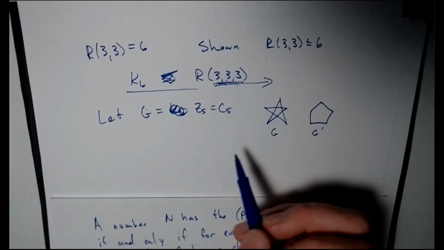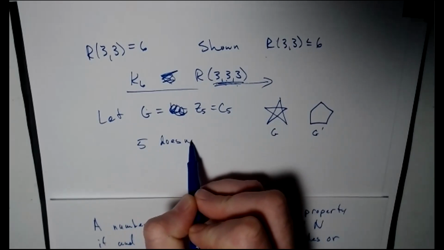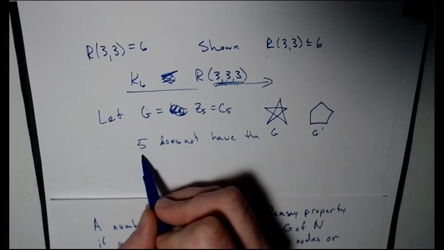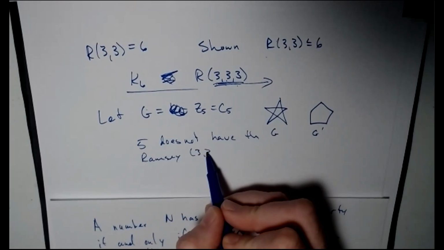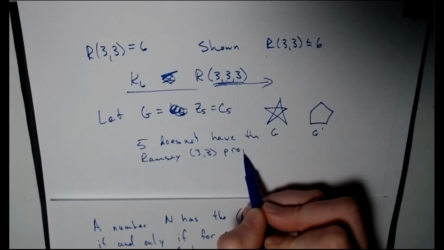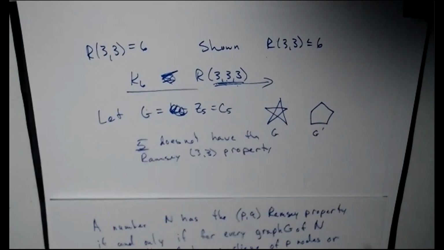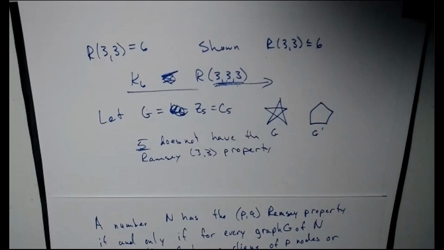So here, this shows that 5 does not have the Ramsey 3-3 property. Because in order to show that an integer doesn't have the property, all we have to do is find one graph and its complement that fail that test.